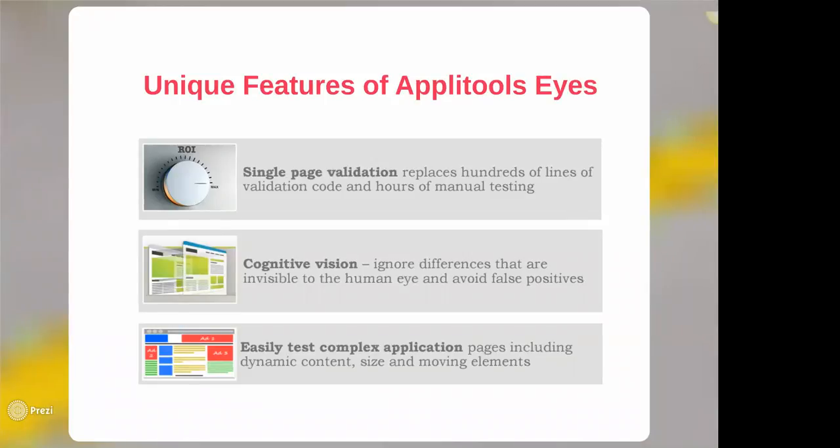Cognitive vision ignores the differences that are invisible to the human eye and avoids false positives. One of the things we did in Applitools, and the functionality is really helpful, is, for example, on auction.com we have a live chat window that goes up and down.